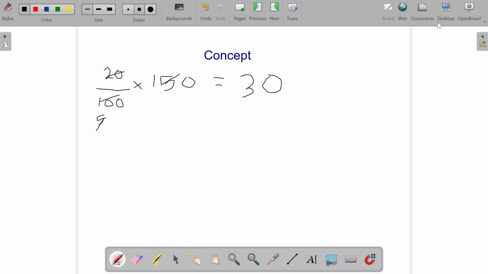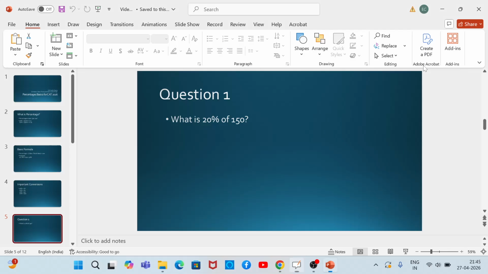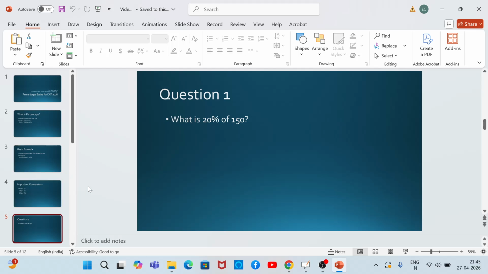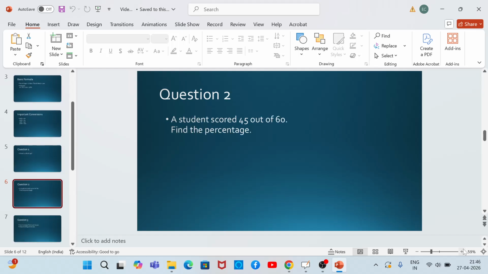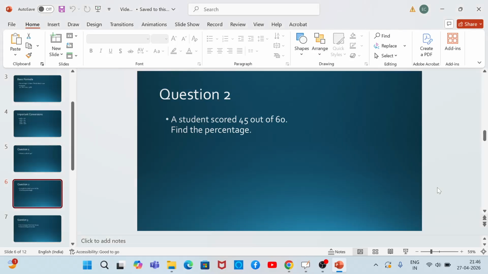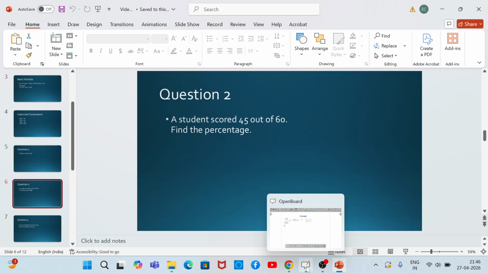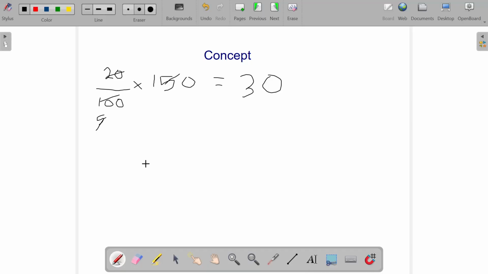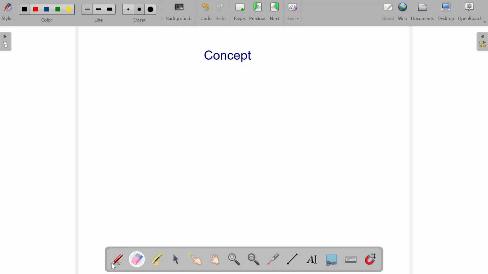So let's move on to our next question. A student scored 45 out of 60. Find the percent. So I told you what is the formula for percentage? Value divided by total value into 100. So a person has scored 45 out of 60, we have to calculate the percentage.